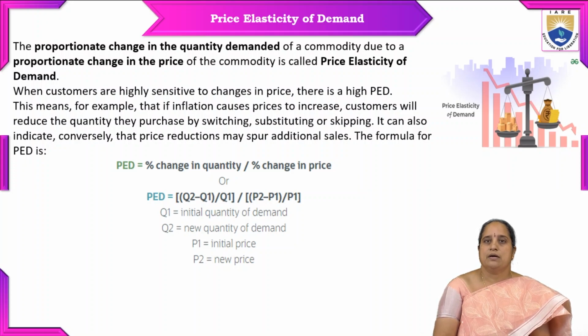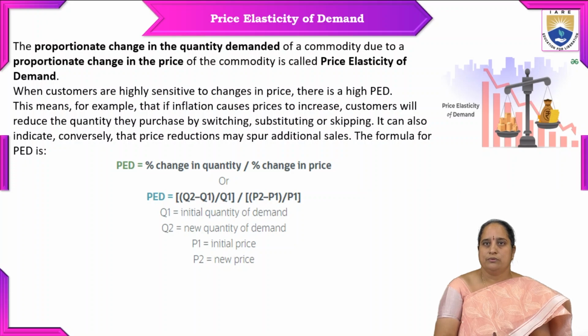When customers are highly sensitive to changes in price, there is a high price elasticity of demand. It means that if inflation causes prices to increase, customers will reduce the quantity they purchase by switching, substituting, or skipping. Conversely, it can also indicate that price reductions may spur additional sales.